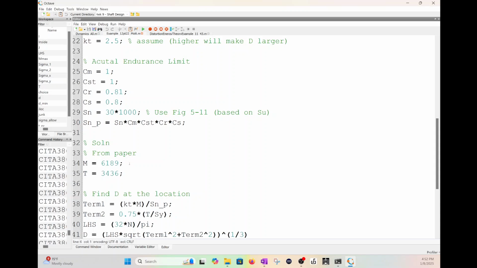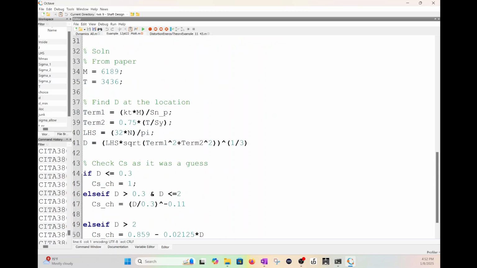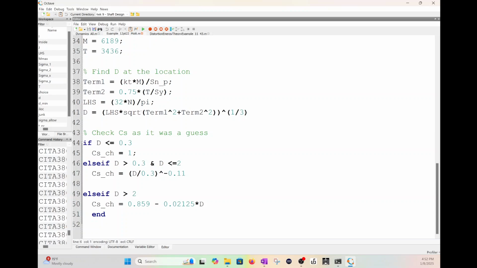So the moment was 6,189 and the torque was 3,436. And then what I did is I split this up into terms. So term 1 is the KT term. Term 2 is your TY over Sy term. And then left-hand side is 32 times N over pi. And then I put that into my equation here for D. Okay. Now, let me run it, and I'll talk about the last section, and I'll show you.